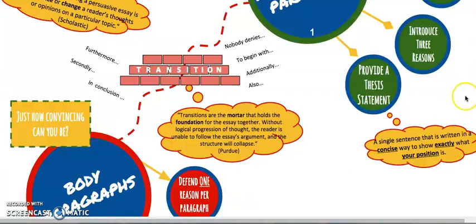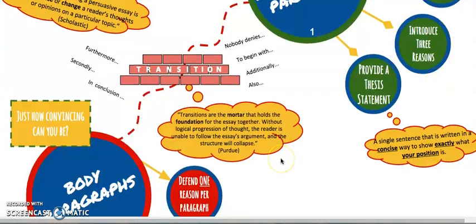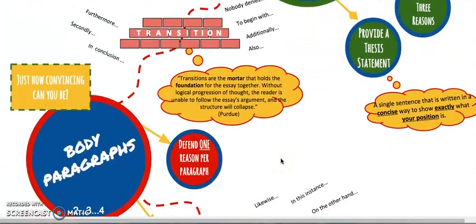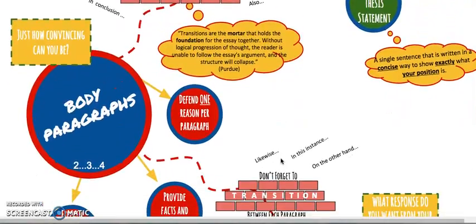Going back to those 3 reasons that were introduced in your introduction, you are going to use those to build your body paragraphs. This is where you convince your audience about your position. You will defend 1 reason per paragraph.